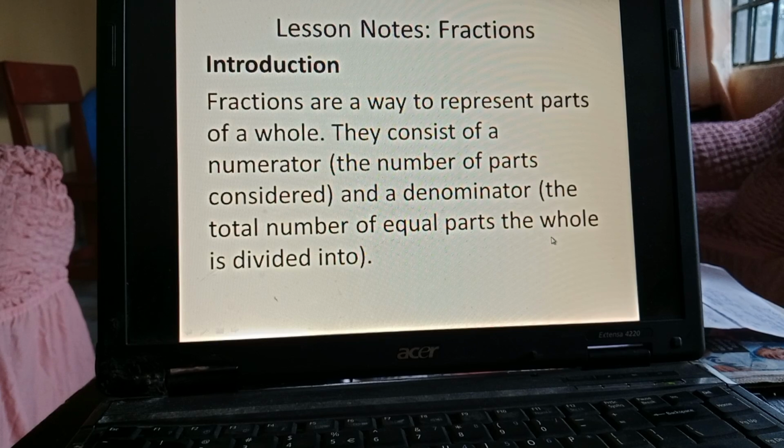The numerator is the number of the parts considered, and the denominator is the total number of equal parts the whole is divided into.